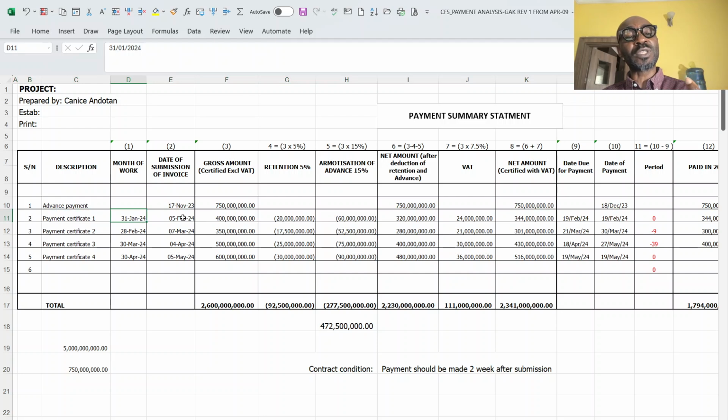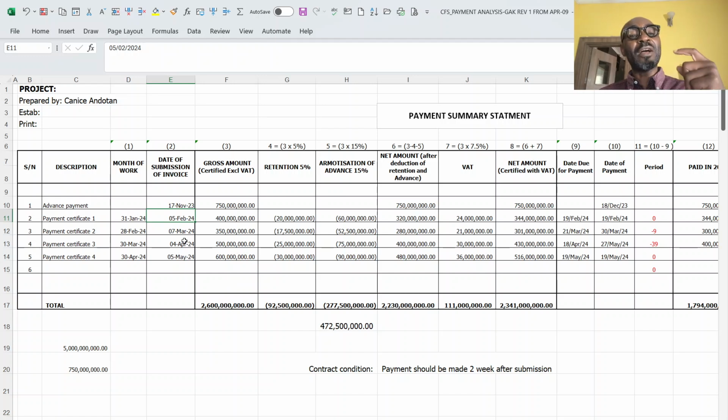Between January 31st and the 5th of February, we had reconciled, we have checked all the figures. I have submitted an interim payment certificate, and the client has returned a certificate for me for payment.